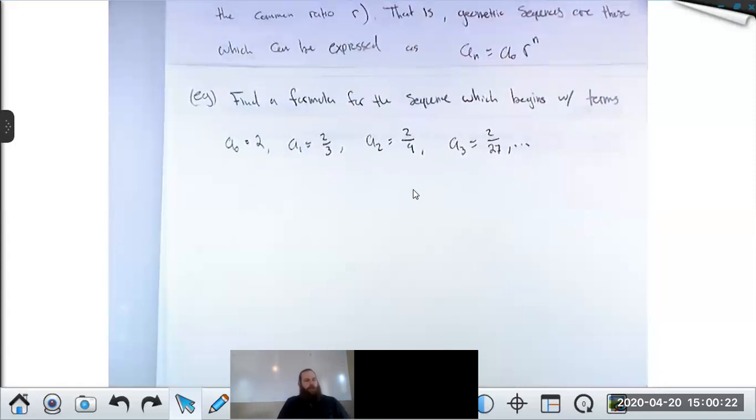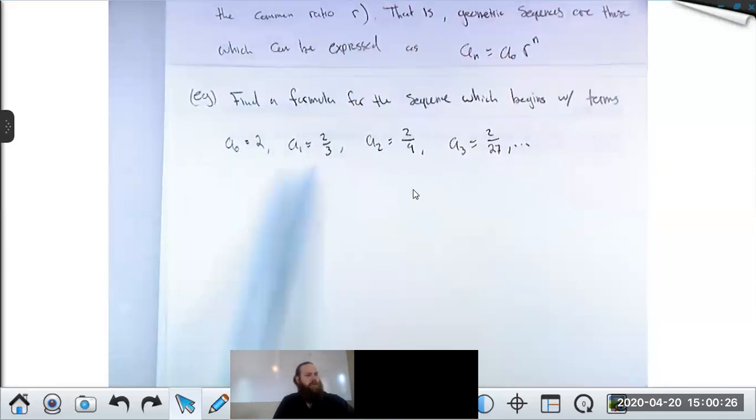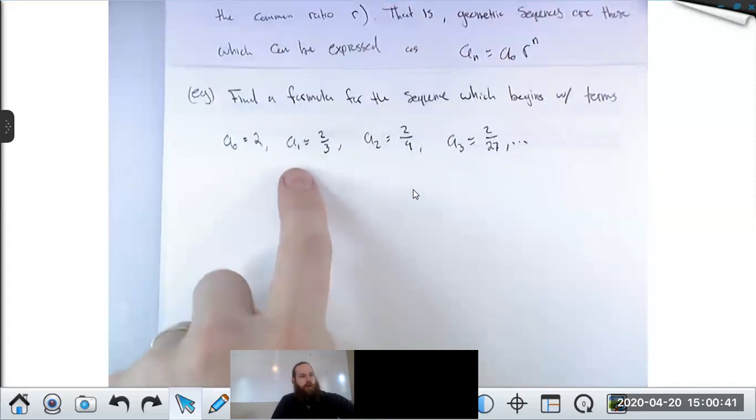So to go from A0 to A1, we're getting smaller. You could think of it like you're subtracting something, but that's not the most natural way to think of it. Because if you compare A1 to A2 and A2 to A3, there is no constant you could be adding or subtracting to get from here to here, and also from here to here.